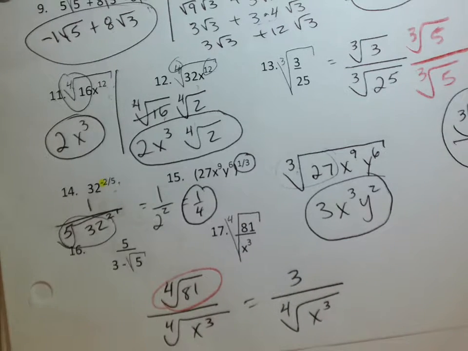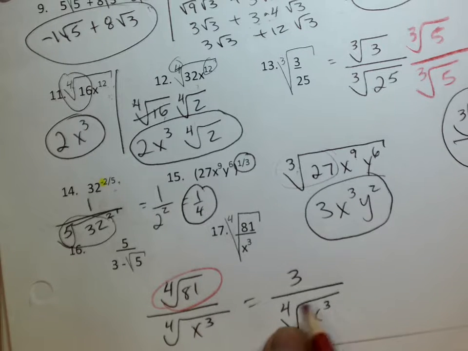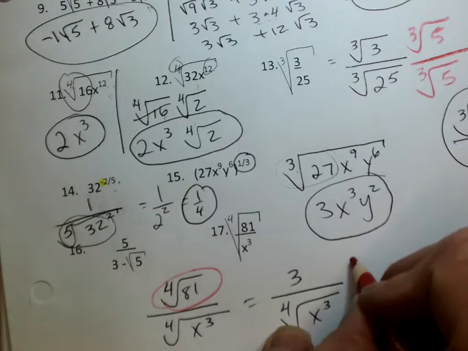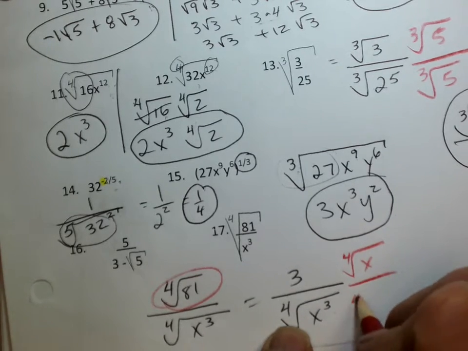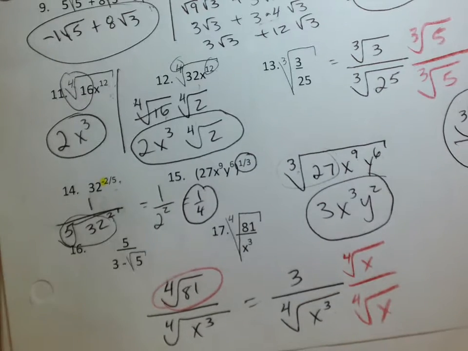Now, what I'm going to do is make this a perfect 4th. If I can make this x to the 4th, then they'll cancel, right? Well, that's easy. I'll just multiply by x over x. So I'm going to multiply top and bottom by the 4th root of x over the 4th root of x, and by doing that, I'll get a perfect 4th root on the bottom.